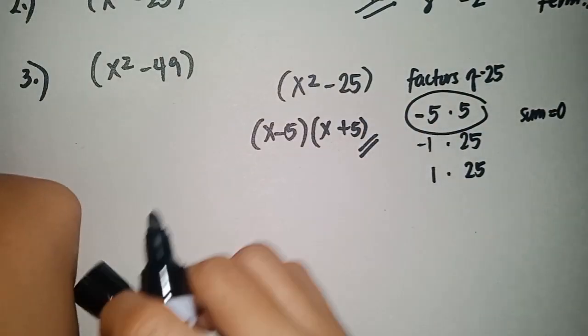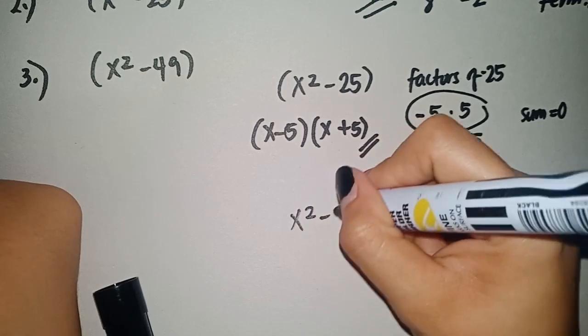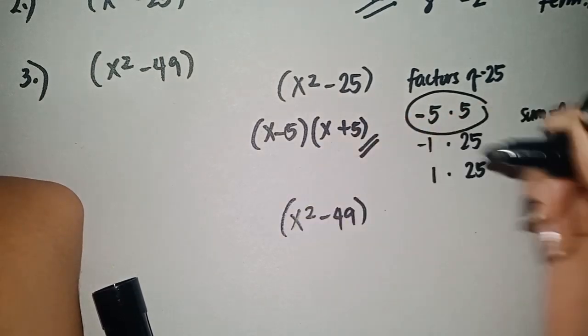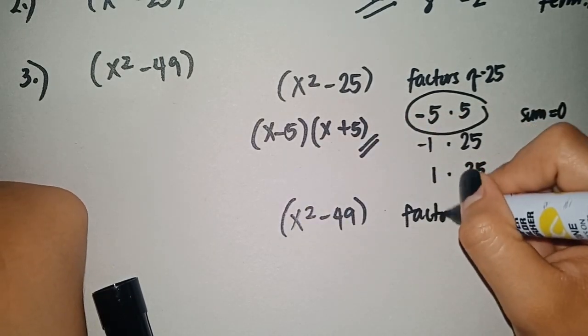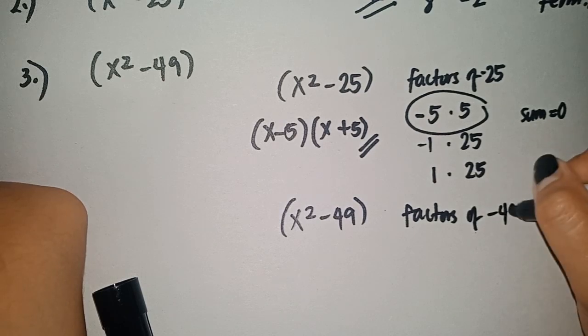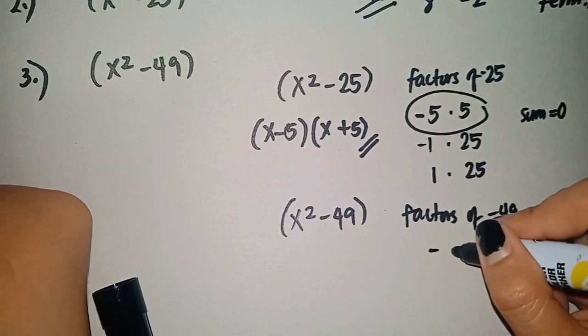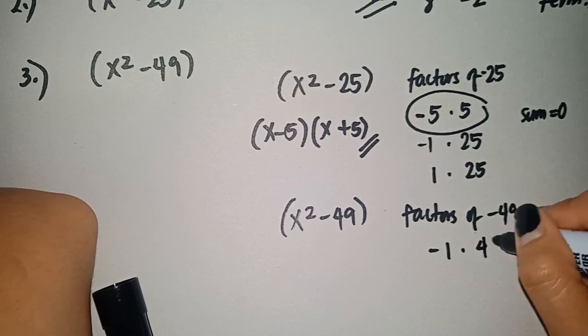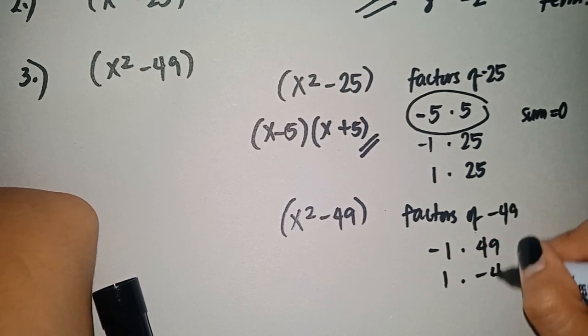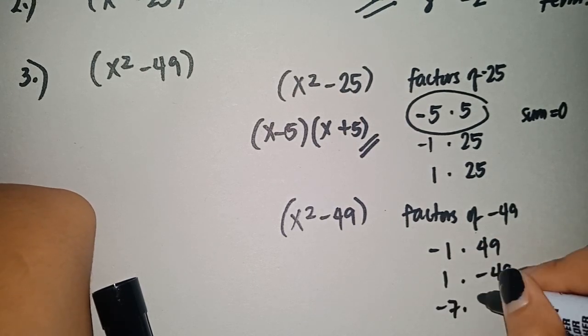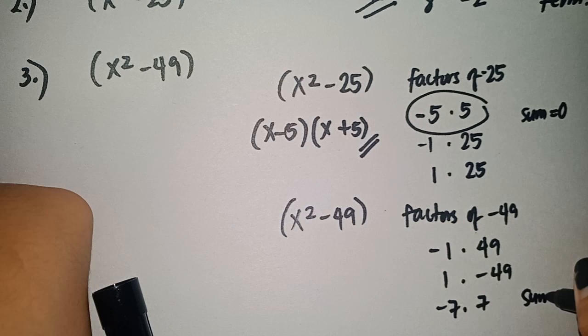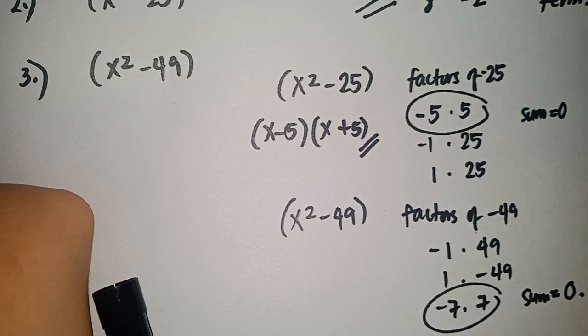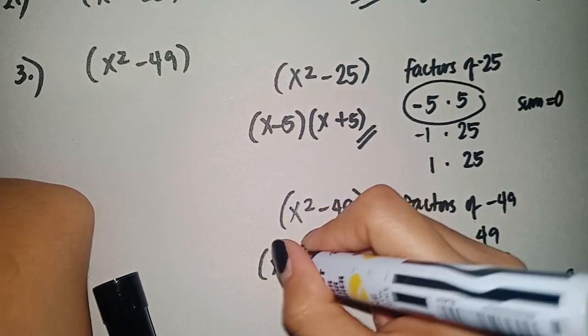Now, you will notice that the factors are numbers that are the same. For the first example, we have -4 and +4. For the second example, we have -5 and +5. So I think that will be your technique in solving this kind of polynomial or finding out the factors of this polynomial.